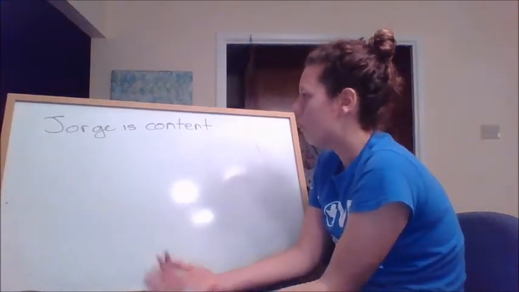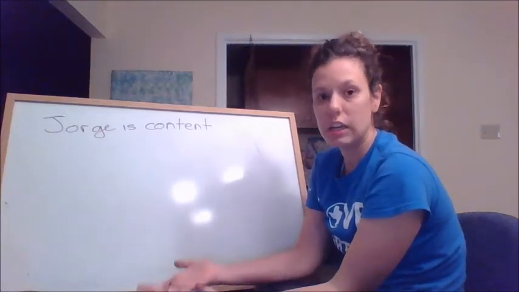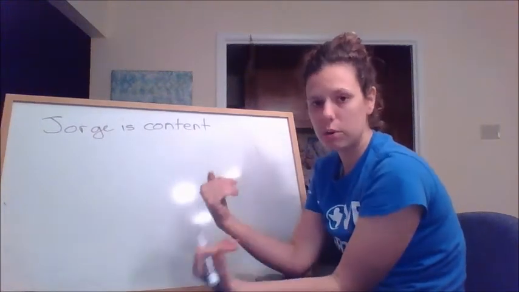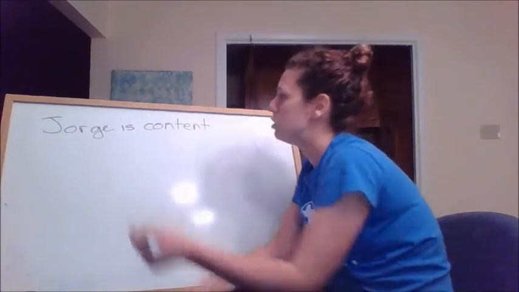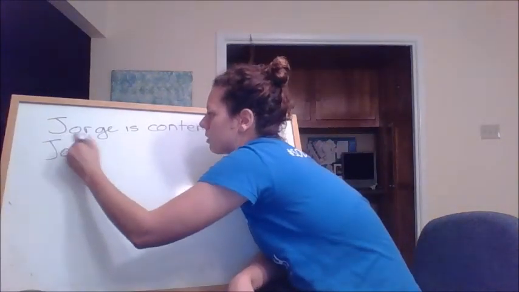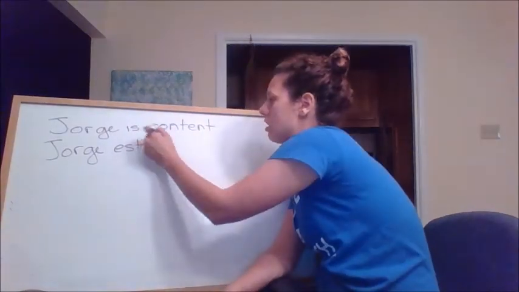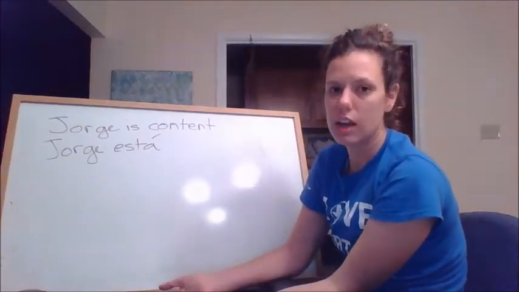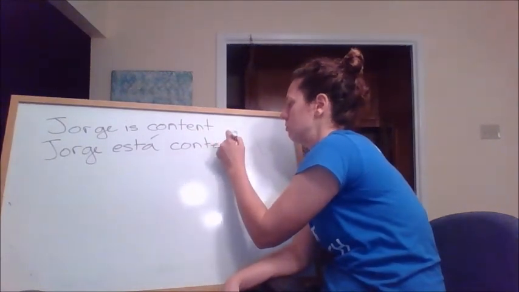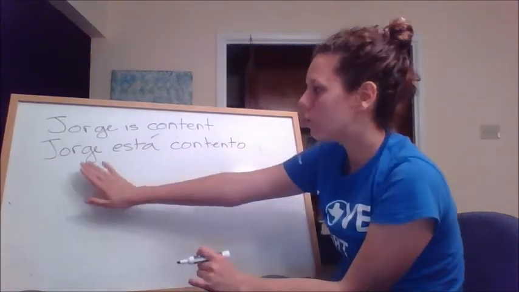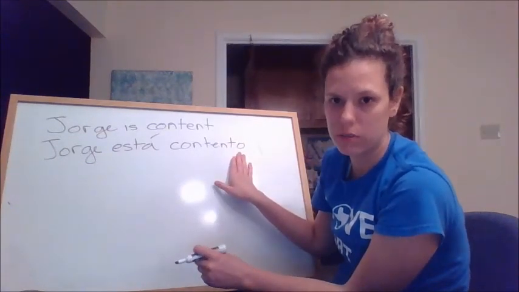First, you have to decide, okay, is this a condition or a location? It's a condition because right now he's feeling content. It might not last very long, okay? So we say Jorge está, and then for content, we say the word contento. Okay? And because Jorge is a man, we don't have to change this adjective.